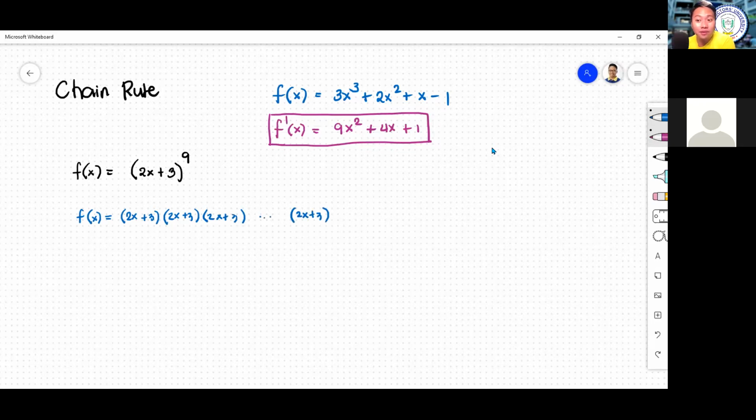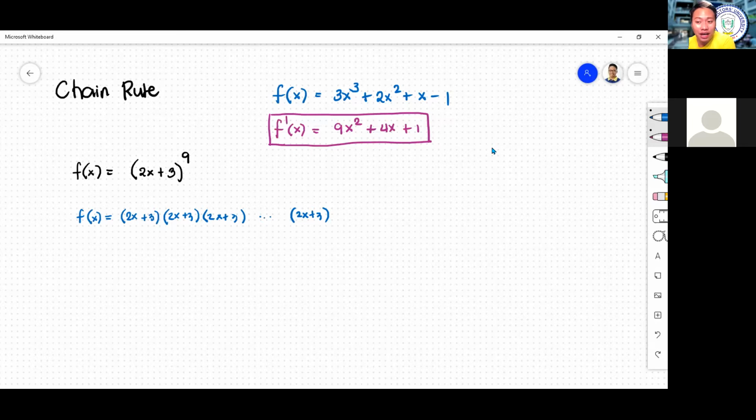If we're going to expand this, that's going to take a whole lot of time and it's going to be tedious. And when it comes to examination, I doubt 5 minutes for one item is enough for you. So it's going to be hard if we do this process.